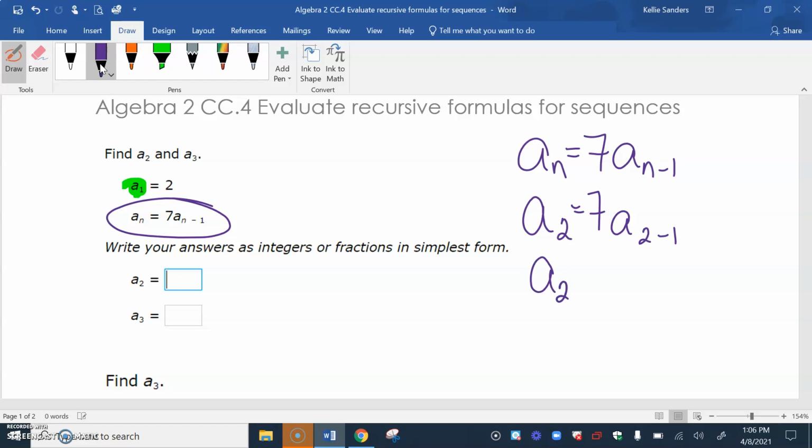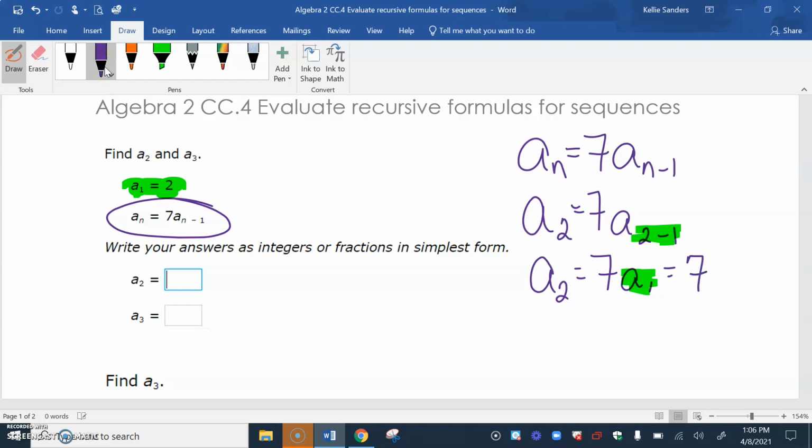Kind of bear with me. It's not near as hard as what I'm making it, but I want to show you how it actually works algebraically. So 7 and A, well, what's 2 minus 1? 1. And do I know A sub 1? Yes, I do.